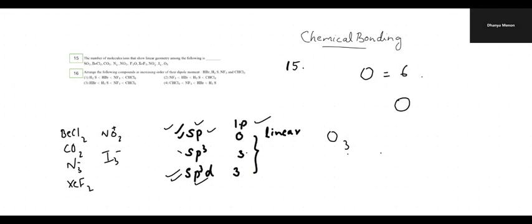So Z is equal to half of 6, and there's no surrounding monovalent atom, positive or negative charge.